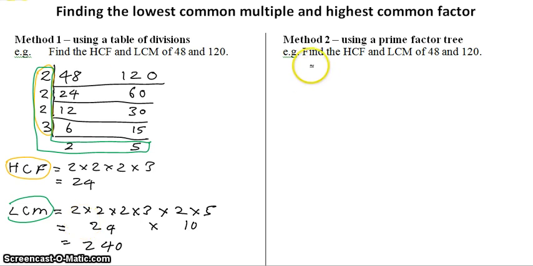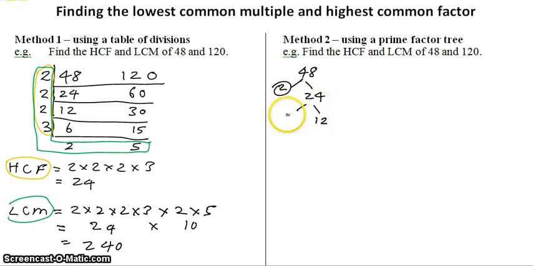The second method is a factor tree. Okay, and what happens with a factor tree is that it starts branching out, as it were. So what goes into 48? Well, we can have 2 24s. 2 is a prime number. Anything that goes into 24? Yep, 2 12s.